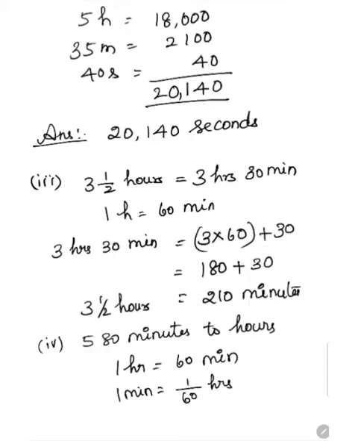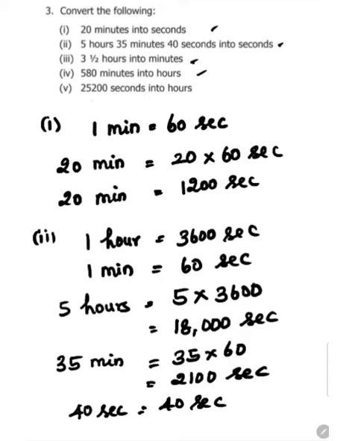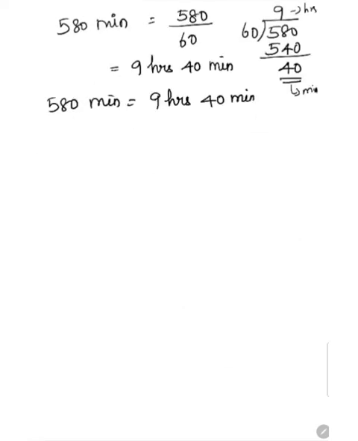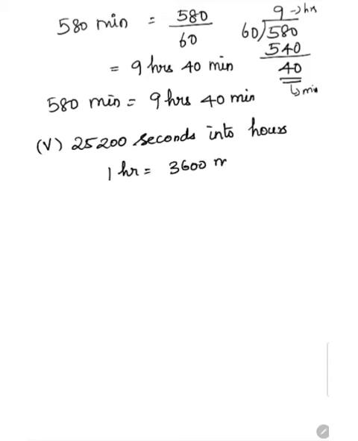Then the last question is 25,200 seconds into hours. How can you find out? The only thing we know is that 1 hour is equal to 3600 seconds.